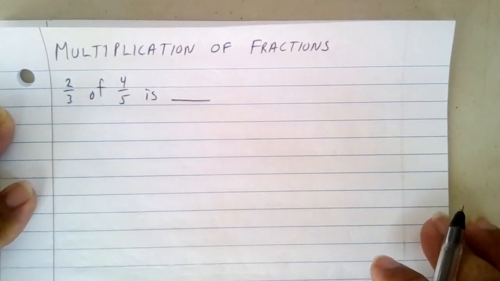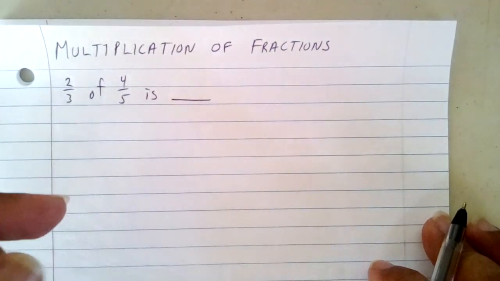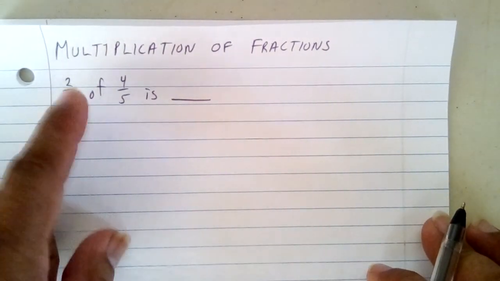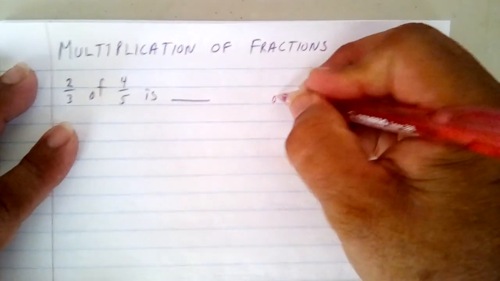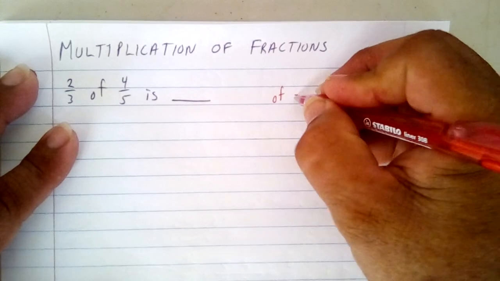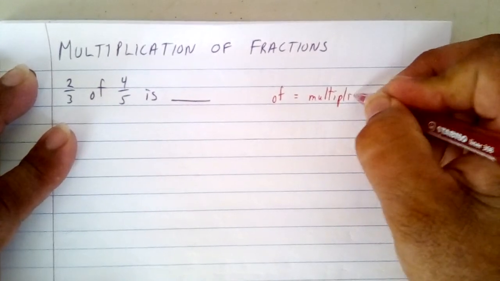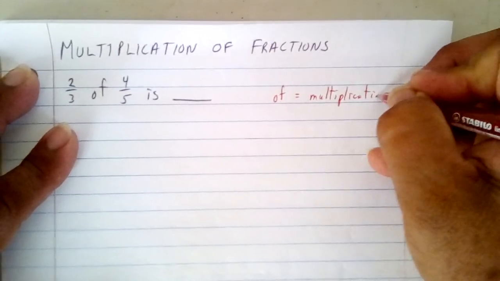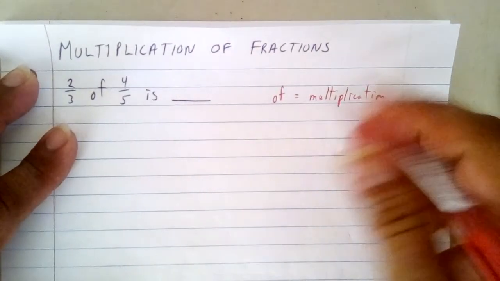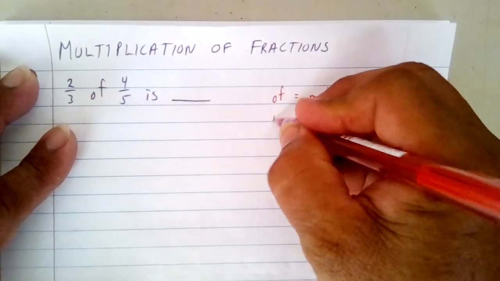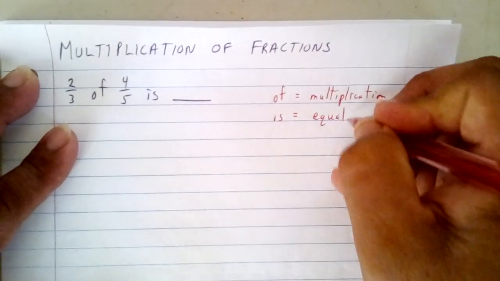Well, in English, this simply means of and is simple words, but in maths, this word here, of, let me put that in red, of, indicates multiplication. Okay, and the next word is means equal.